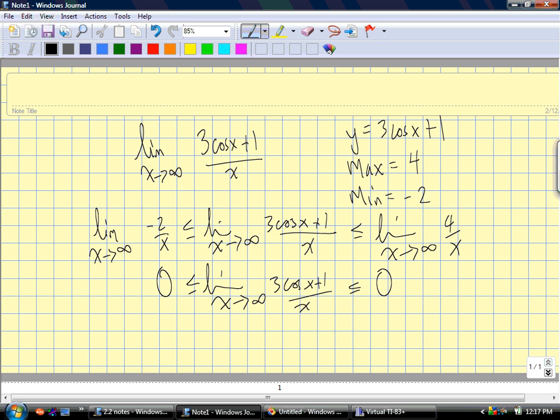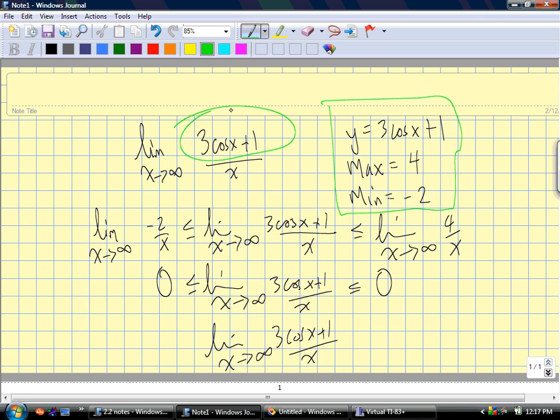Tell me a number that's bigger than or equal to 0 and less than or equal to 0. Now, it's not always going to be 0, so don't make the assumption that that is the case. But what I'm trying to get you to do is to tell me the highest that the graph can be and the lowest that the graph can be.